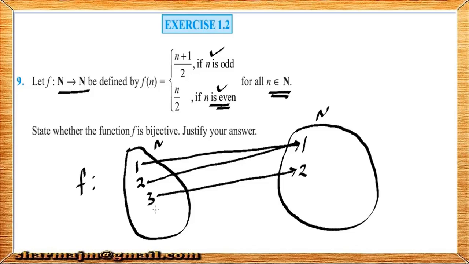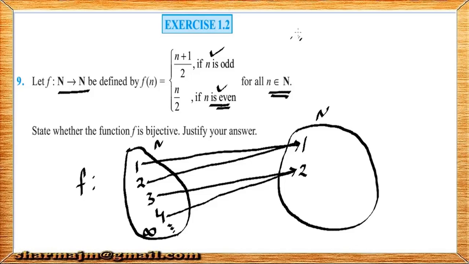And we take 4. So 4 is even. So 4 by 2 is 2. Okay. So we can have 5, 6, 7 and so on up to infinity. And we see two consecutive elements of domain are having one image.